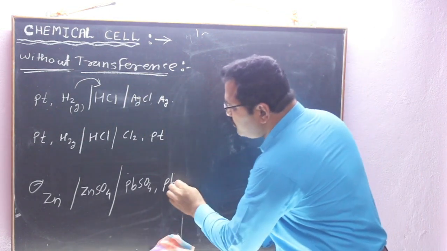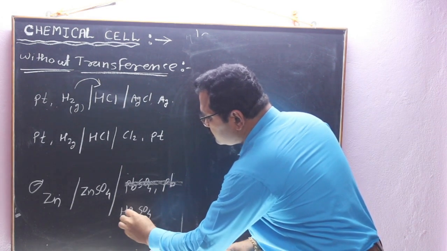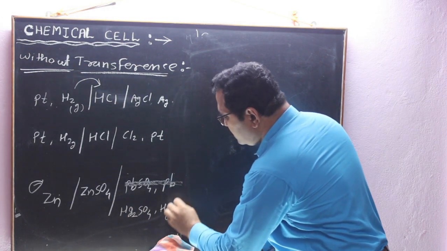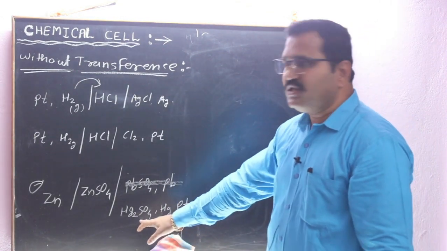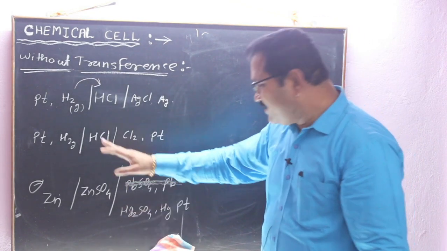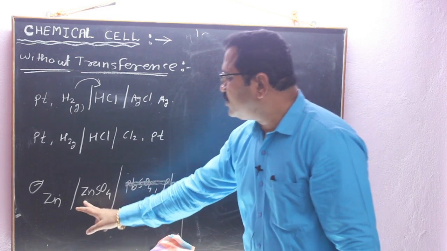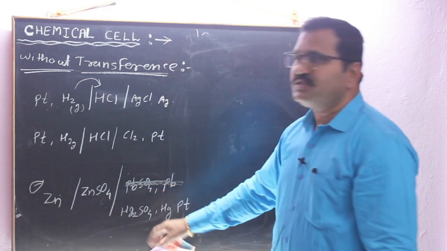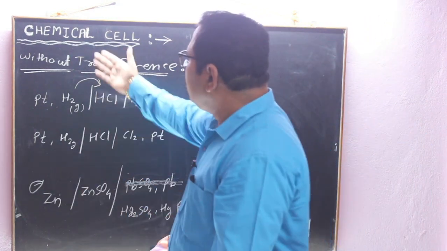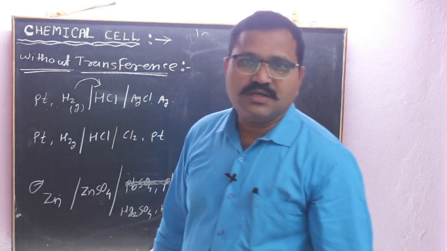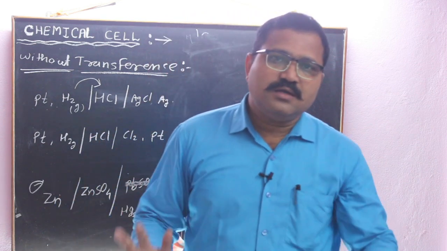Similarly, instead of PbSO4, you can use Hg2SO4, Hg, platinum, the mercurous sulfate electrode. The condition is that we have to consider one electrode reversible to cation and the other electrode reversible to anion. Similarly, we can construct different types of chemical cell without transference. This is all about chemical cell with transference and chemical cell without transference.